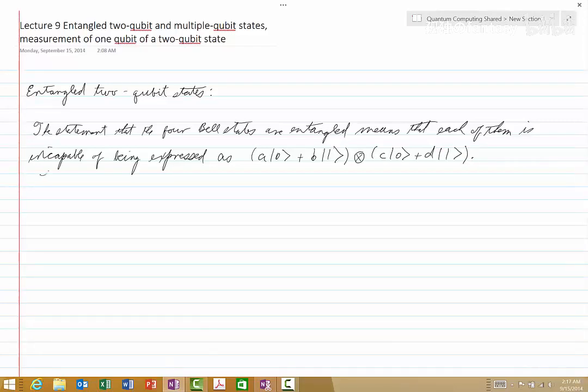And let's check for a couple of cases. Well, let's check perhaps Phi plus.